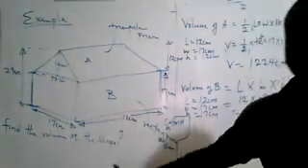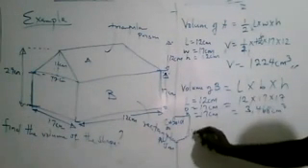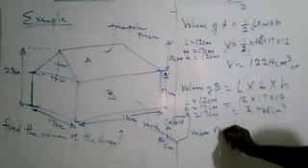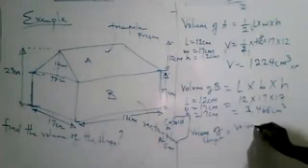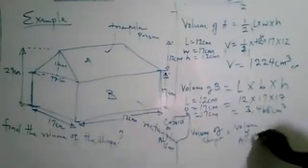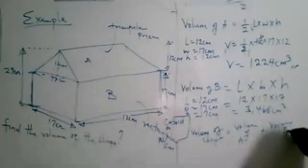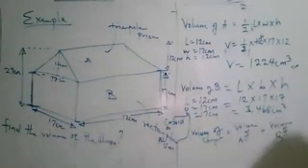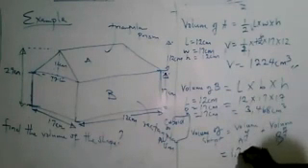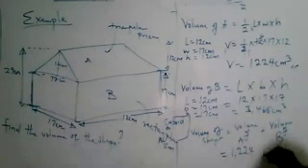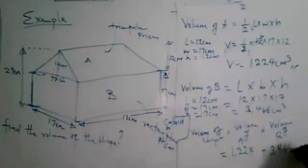Now, the question asks to find the volume of the shape. So the volume of the shape equals volume of A plus volume of B. The volume of A is 1,224, and the volume of B is 3,468.